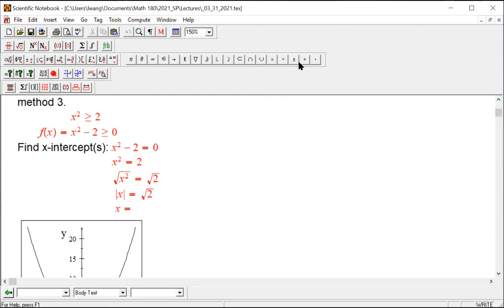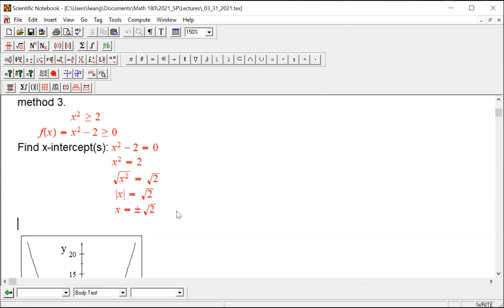So x equals plus or minus root 2. What are the x-intercepts? Can you compose those points?